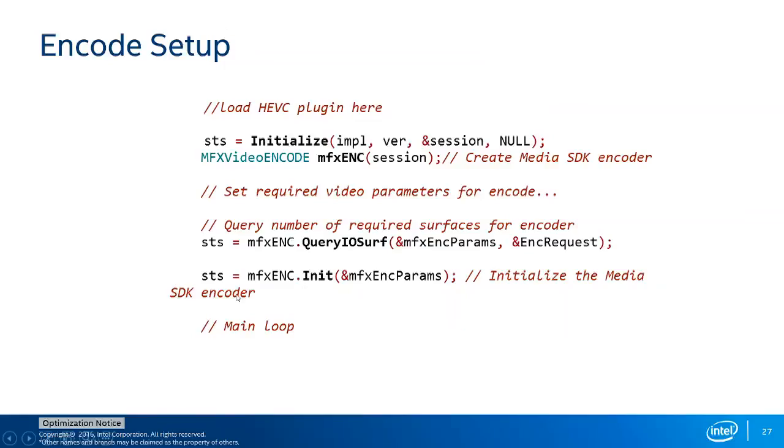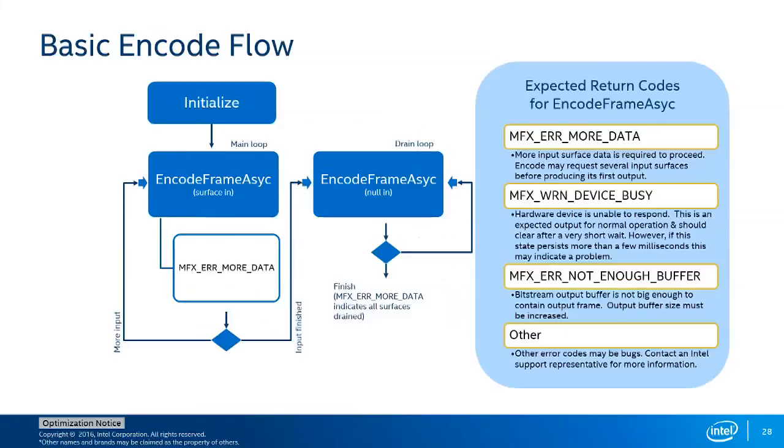Then you can initialize the stage and actually do your allocations. The main loop is a, the stages are implemented as state machines.